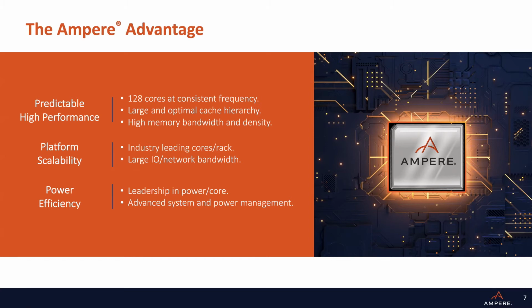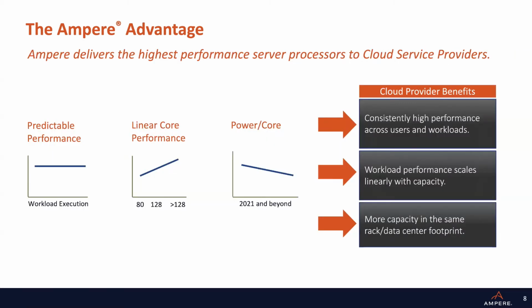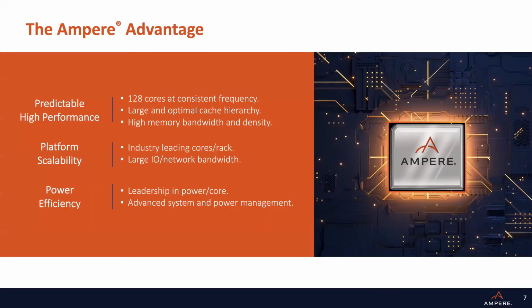That means from the ground up, our SoCs were designed and architected with that in mind. It means that we've chosen to scale out our cores to a large number of cores. Currently, we have an Ultra processor that will run up to 80 cores, and an Ultra Max that goes up to 128 cores. The key thing about this is that it can run all cores at maximum frequency sustained. So we are really going for predictable performance for cloud-based workloads.